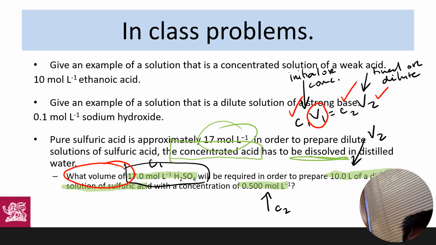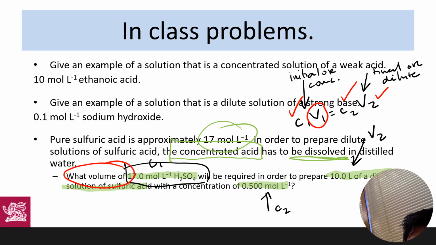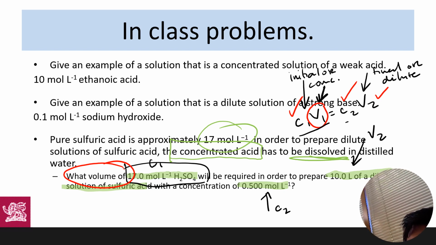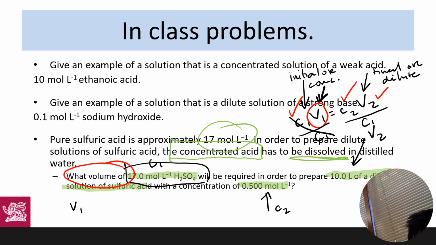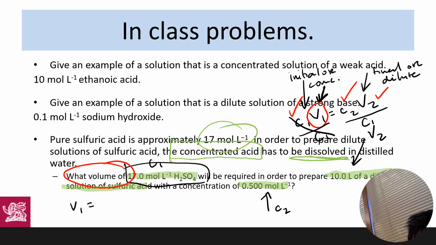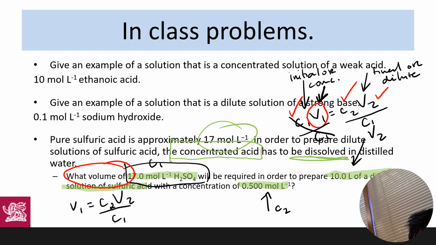To rearrange this formula, because volume is the one I'm trying to figure out, I'm going to divide both sides by C1 to remove that from the left-hand side, to make the formula: volume of what I needed is equal to C2 times V2 divided by C1. And then I'm just going to plug those numbers in.